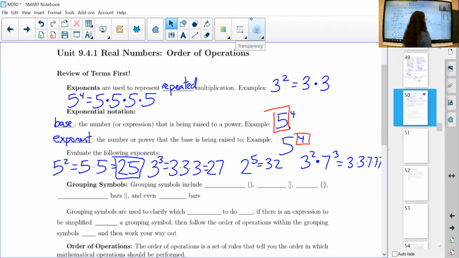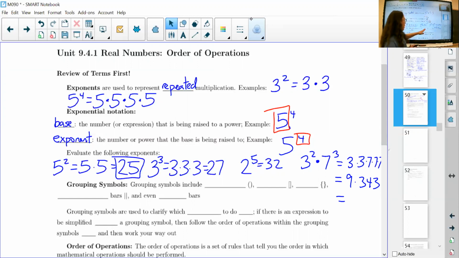I know that 7 cubed has 343. 3 times 3 is 9, so this is 9 times 343, which we could figure out, well, that's almost 10 times 343, right? So that's 3,430 minus this 1, because I didn't really have 10, I only have 9.